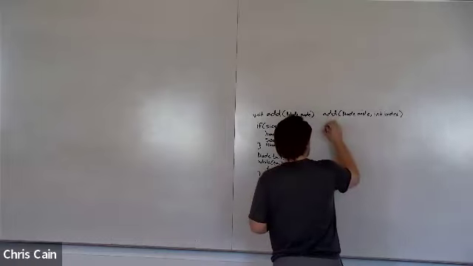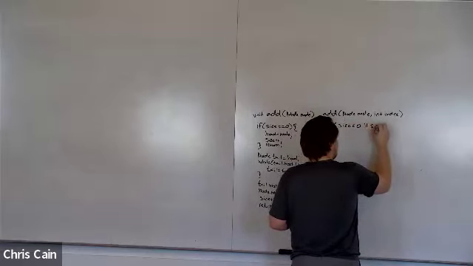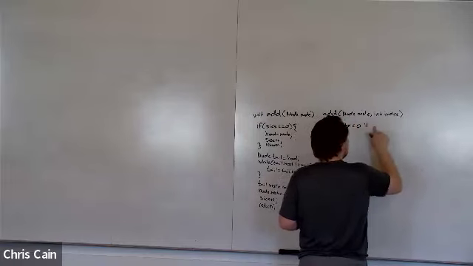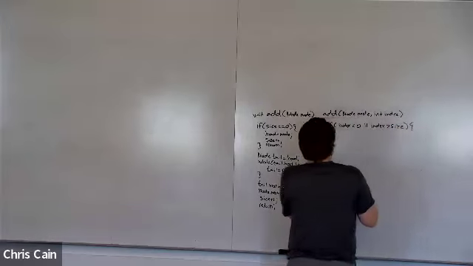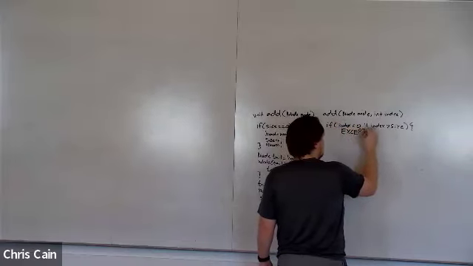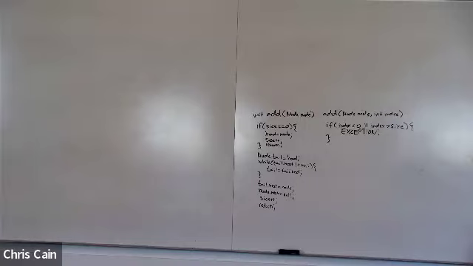So if index is less than 0 or greater than size, then throw an exception of some kind. I don't know which exception is expected here, but throw some kind of exception. So if we're outside of the bounds, and we get past this, then we know that index is in bounds and there's going to be some way to add it to the list, which is great.